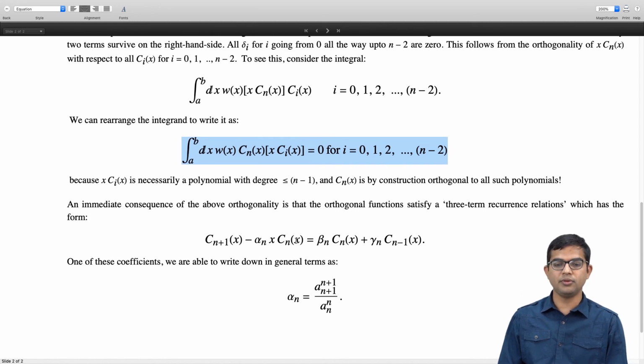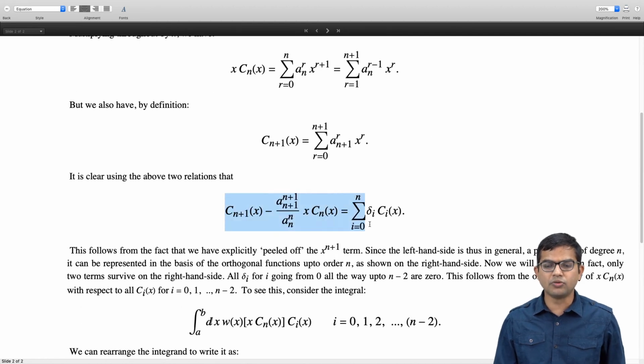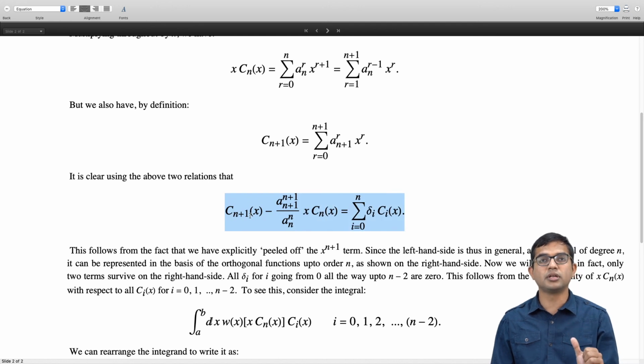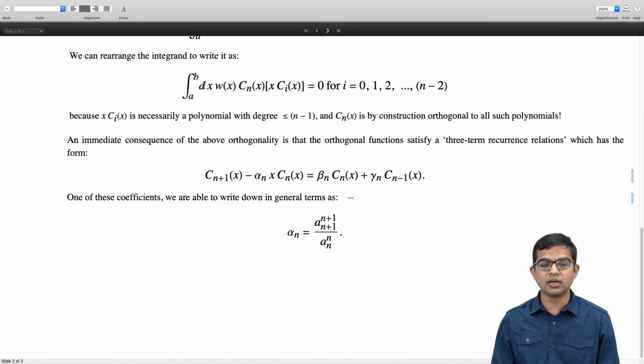So basically we managed to use this clever argument and this peeling off operation to show that necessarily there is this way of combining this n plus 1 degree polynomial and nth degree polynomial in this precise manner to get this 3-term recurrence relation.